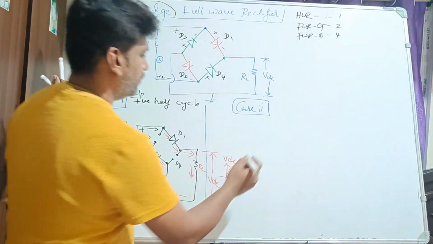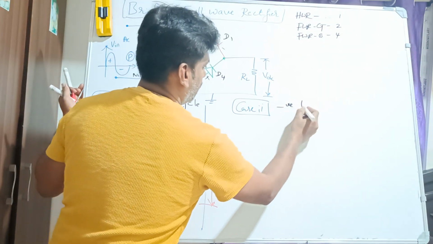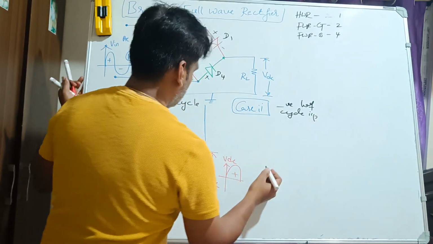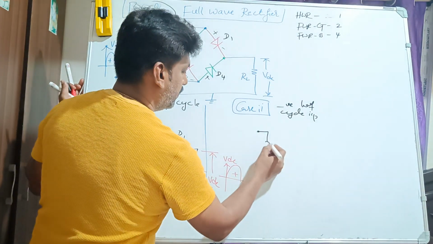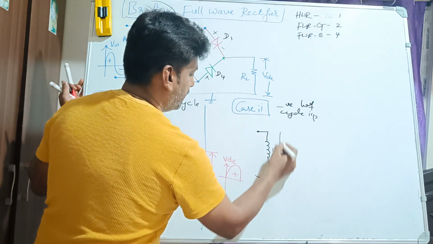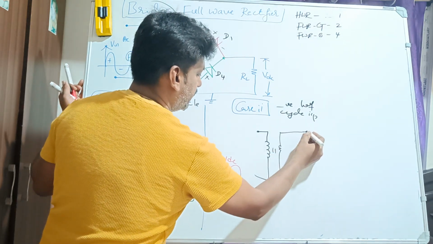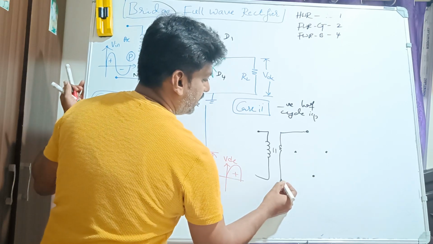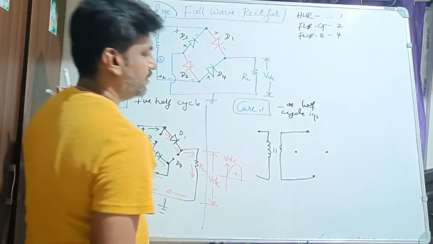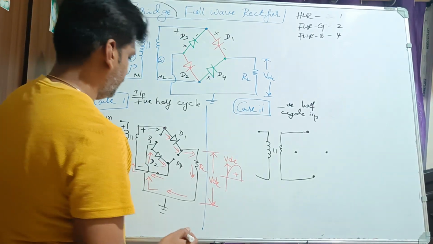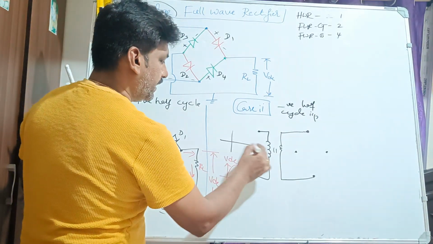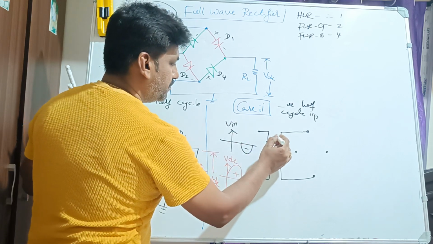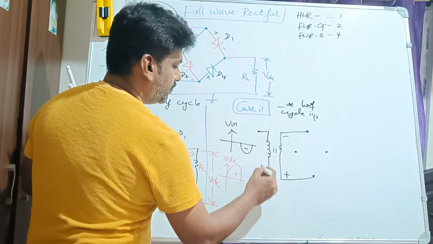Now we'll see case number 2, the negative half cycle of the input. Same setup: take the transformer, primary, secondary. Think about which diodes are forward biased and which are reverse biased. If it is the negative half cycle, Vin is negative, so this side becomes negative and this side becomes positive.